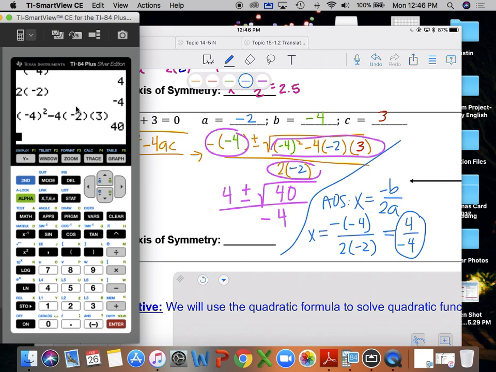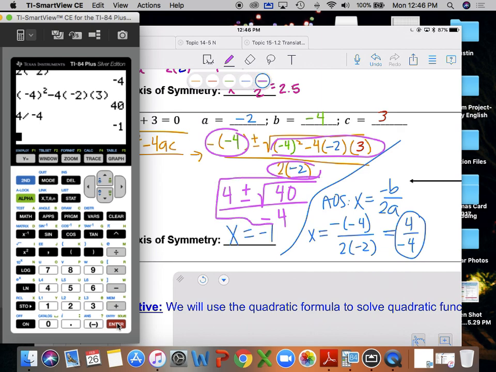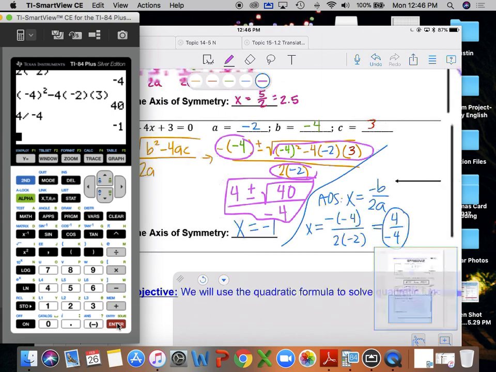Put this into your calculator. So if you notice, these are the same pieces here and here. So it's the part that doesn't have the square root. If you don't make that connection, that's okay. Just make sure you know how to use this formula as well. So my axis of symmetry is x equals negative 1. So those are my solutions and my axis of symmetry.